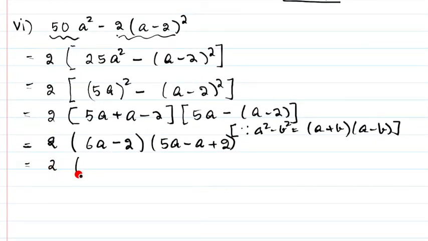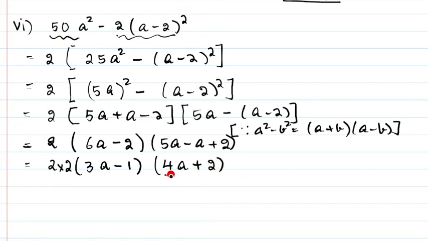So 2 is common, and here we will have again between these two terms we will have 2 common, so we will take out that 2 common, and inside we will have 3a minus 1, and here 5a minus a means 4a plus 2.